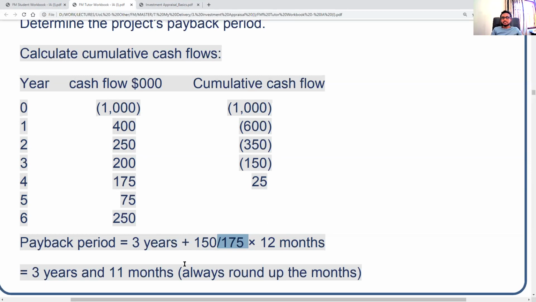So 3 years and 11 months, always round off the month. It has to be 10 months, not 11. Like round it upwards. Yeah, I did. Still, I get 10 months. It's 10.3. It has to be 10 months. It is 10.3.